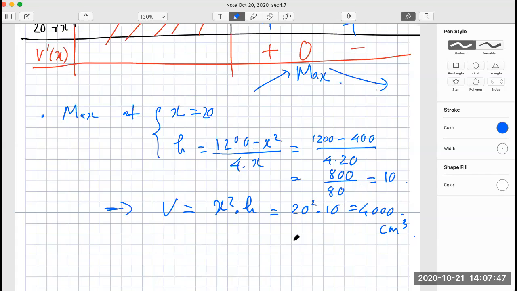So we have this one. Are we good? Very good. Then do you have any questions? Good job. Then let us play with another example.